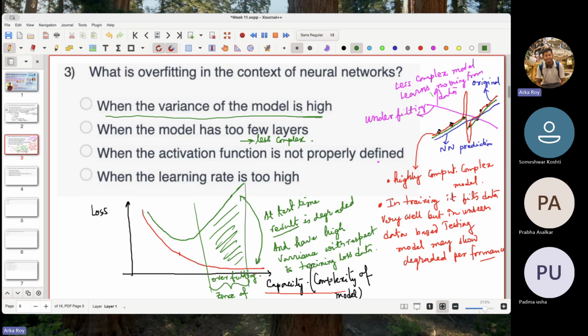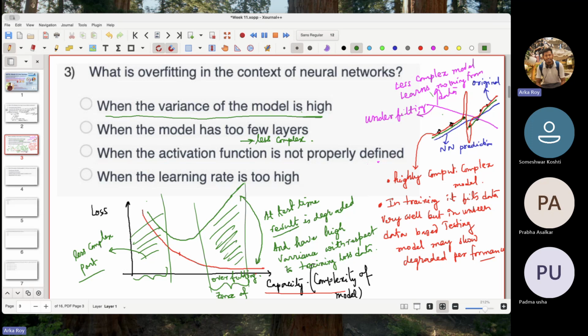A less complex model refers to this particular zone. If you go along the x-axis, complexity increases, and high complexity refers to overfitting. This is the less complex part.